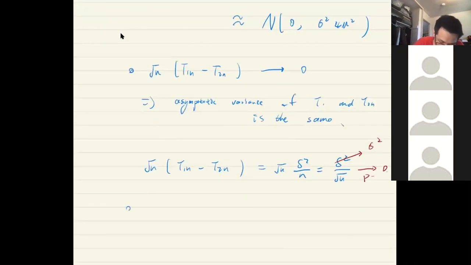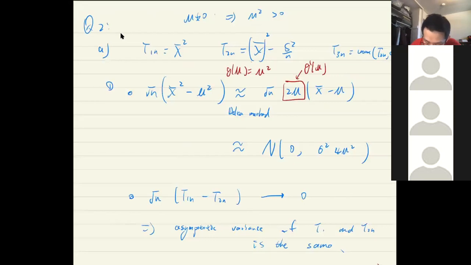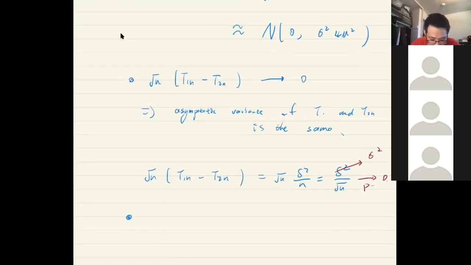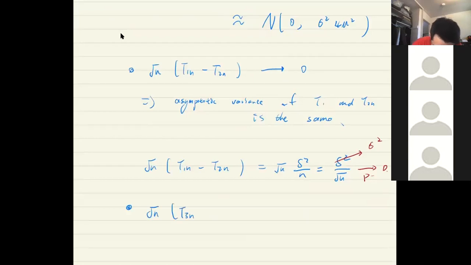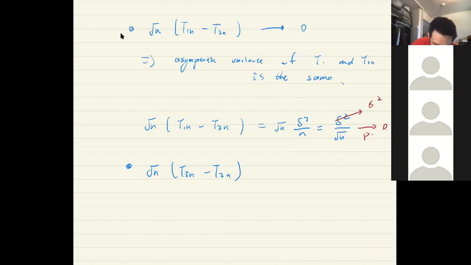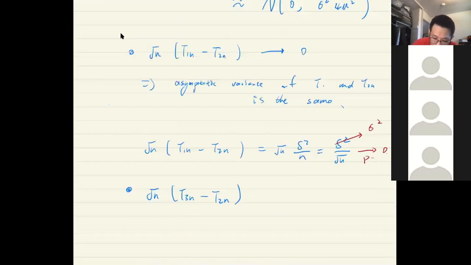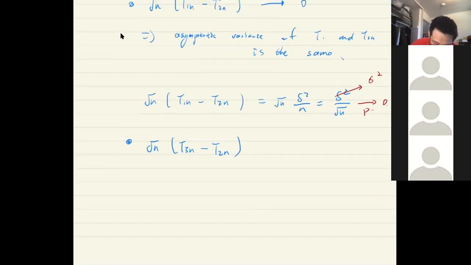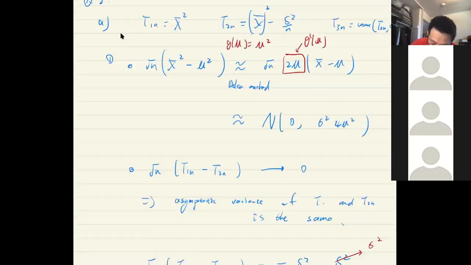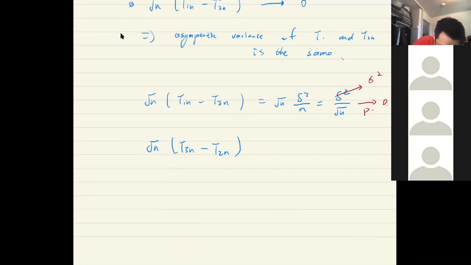And for T3n, we can do the same thing. We have the maximum of this, so we want to show this goes to 0 in probability.